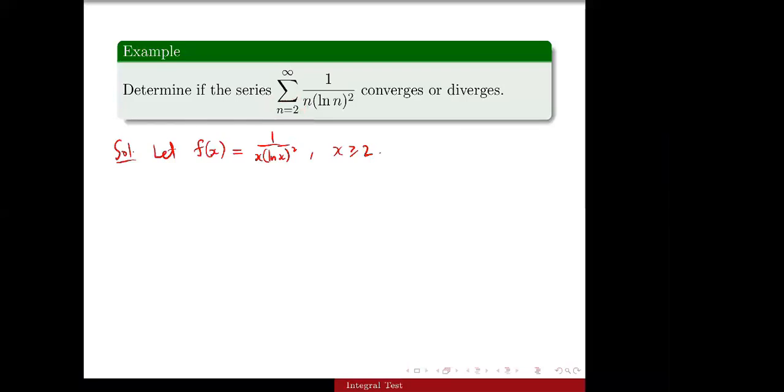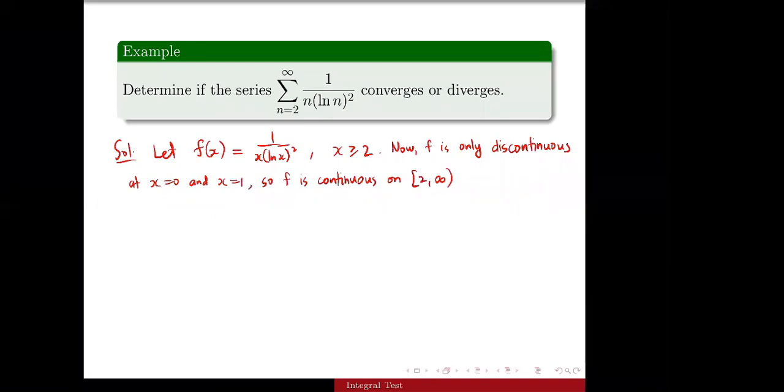Now, f is only discontinuous at x equals 0 and x equals 1. So f is continuous on the interval 2 to plus infinity.